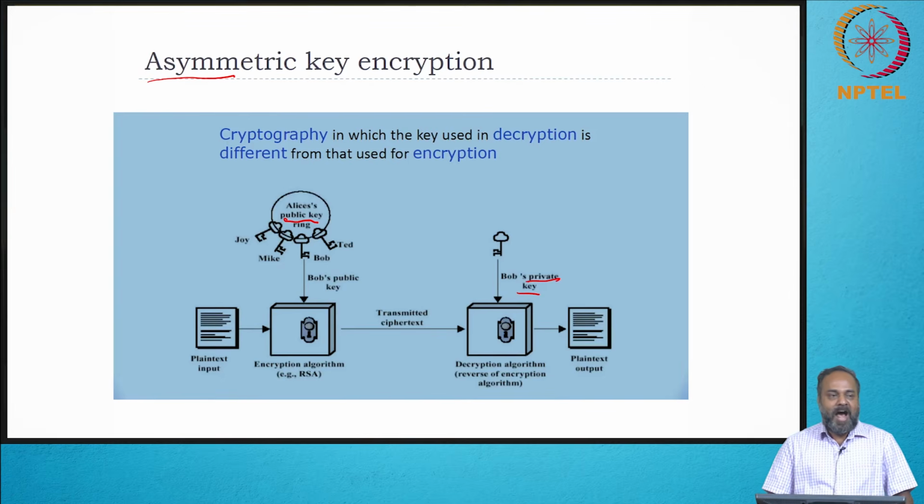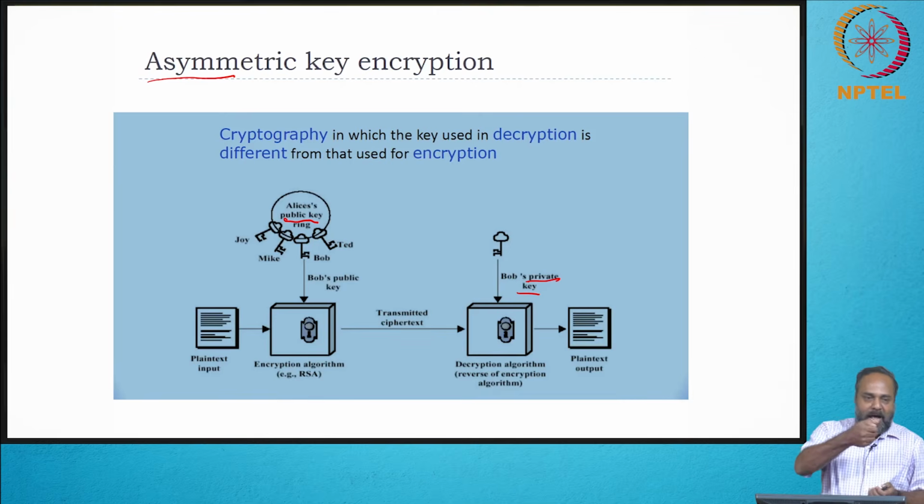Here is Alice, and Alice wants Bob to often send messages to her. So, Alice actually generates two keys. Alice gives one key to Bob, which is her public key. When you send your messages, use this key to lock.